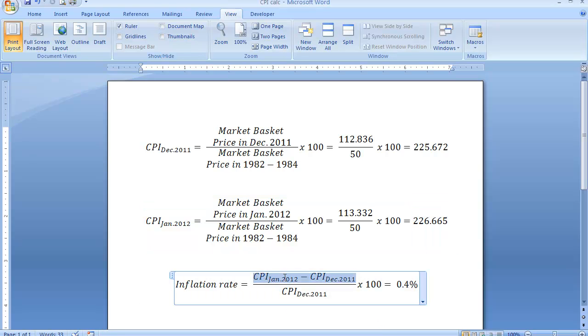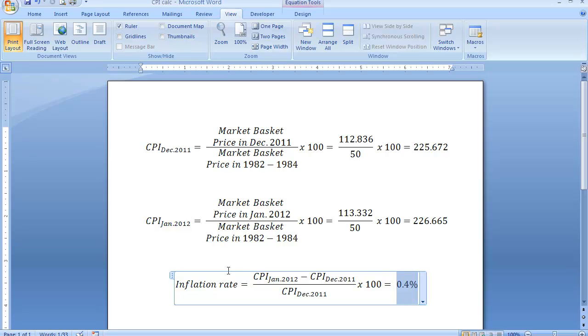So if you take January 2012's number, which is 226.665, minus December 2011's CPI number, which is 225.672, and divide it by, of course, 225.672 times 100, you will get a rate of growth of 0.4%. That 0.4% is known as the inflation rate.